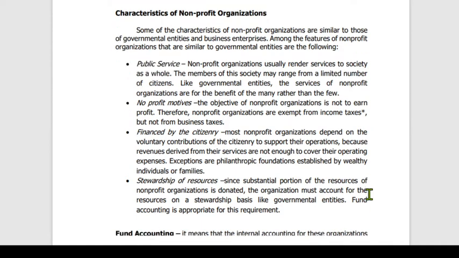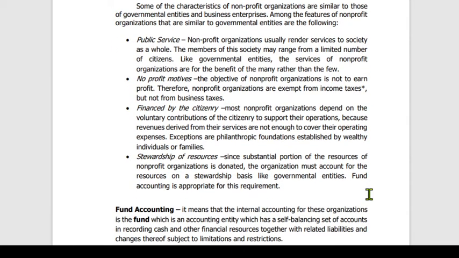Since the government is using the funds coming from the taxes paid by its citizens, the nonprofit organizations serve as stewards, o sila yung nangangalaga doon sa mga resources of individuals donating to them.